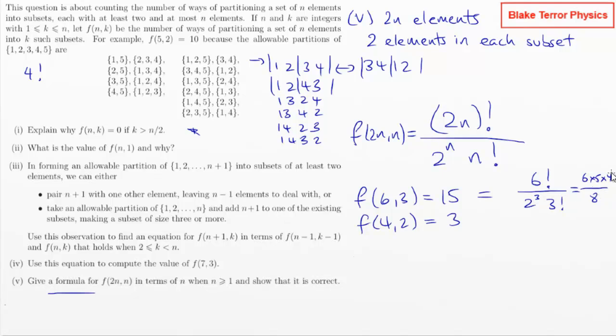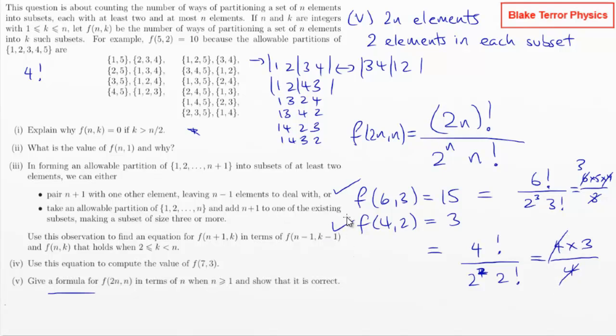So 15, because that'll leave a 3, taking an 8 out. 3 times 15, so that's fine. And then this one would have 4 factorial over 2 to the power of 2, not 4, and then 2 factorial. So that would be equal to 4 times 3 divided by 4, which is 3.